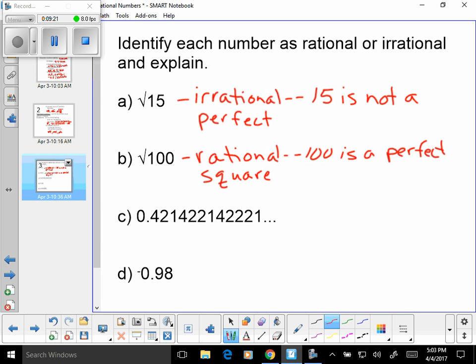Okay, check out C. 0.42142214222221. What do you think? Rational or irrational? Check through the lists that I showed you for examples of rational numbers. Does it fit any of those? Now check the list of the two things for irrational numbers. Does it fit any of those?